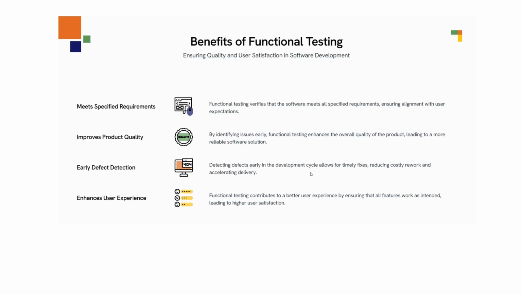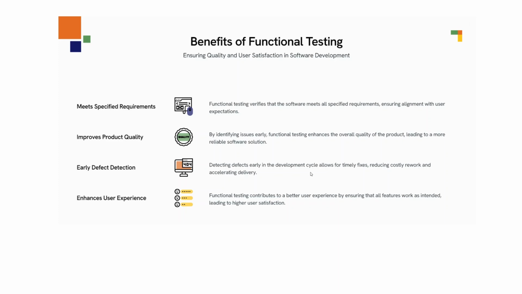Improve product quality. If during functional testing we identify issues early, it enhances the overall quality of the product, leading to a more reliable software solution for the end users. Early defect detection: detecting defects early in the development cycle allows for timely fixes.